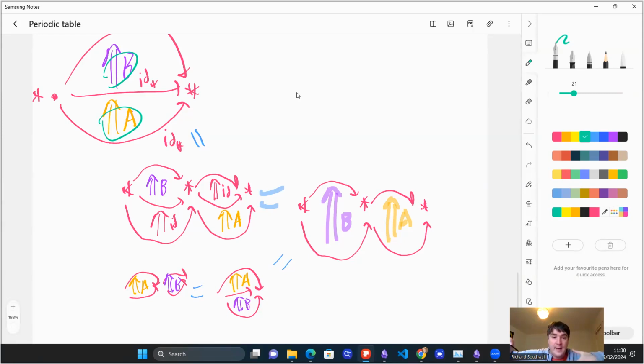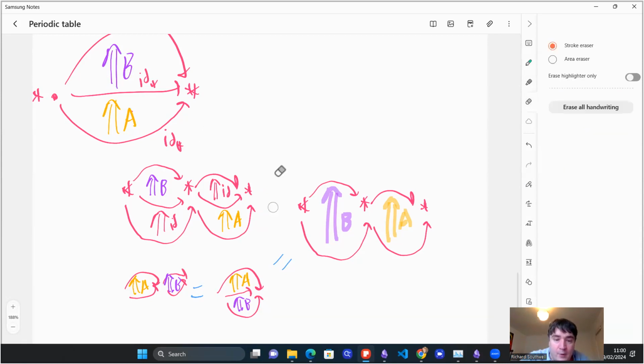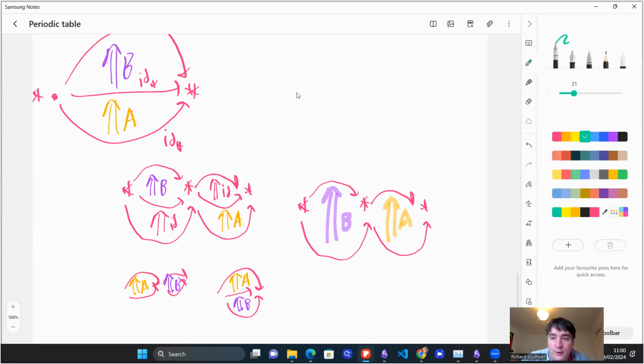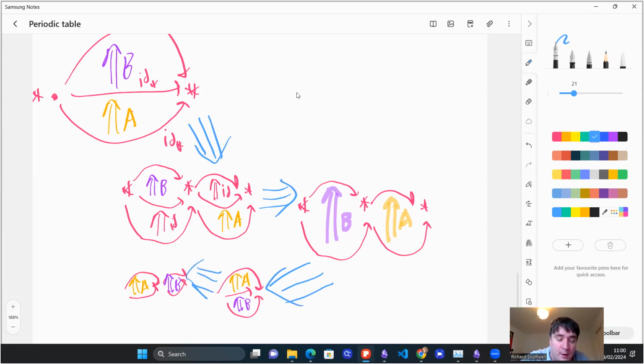We're looking at a weak 3 category, and that means that this interchange law is not holding up to equality. It's just holding up to a sort of coherent natural isomorphism. So we're going to have these invertible 3 cells, which look like this.